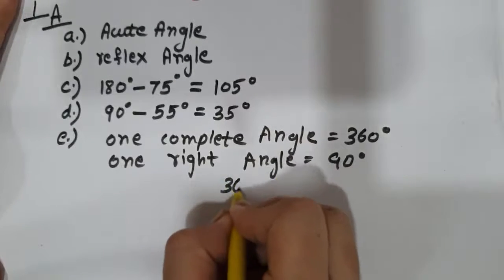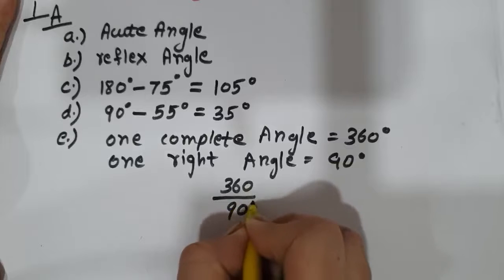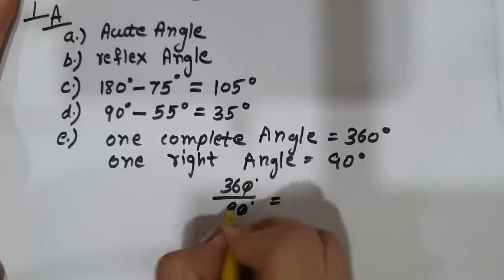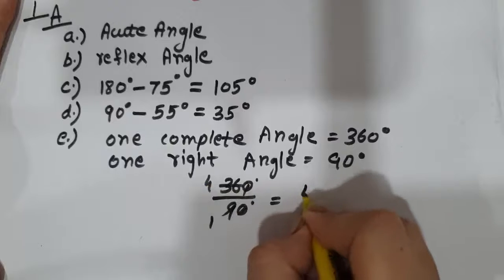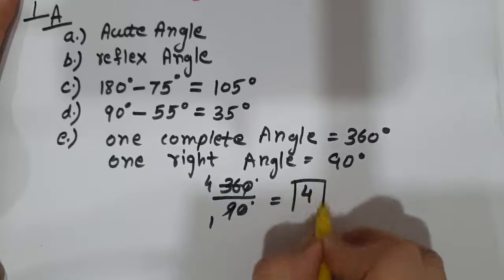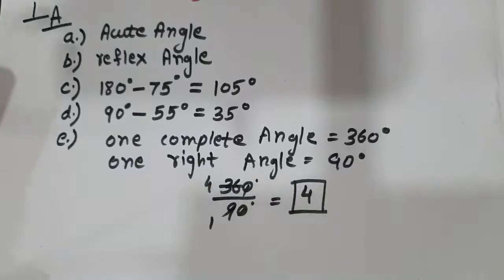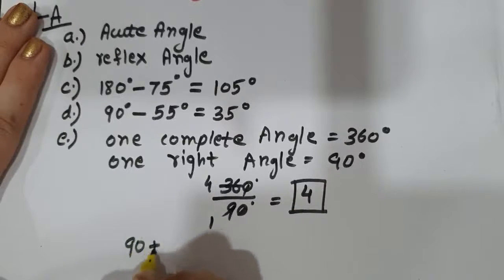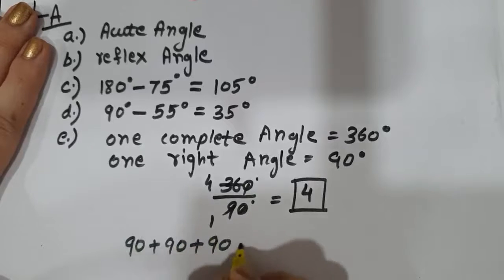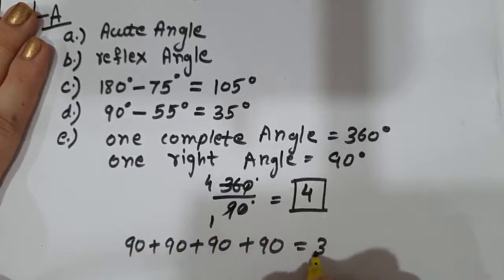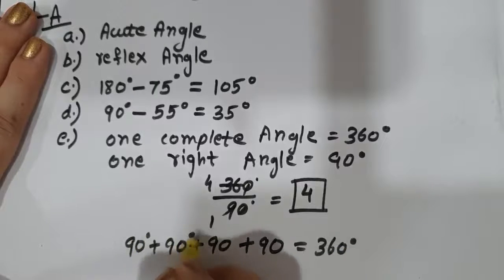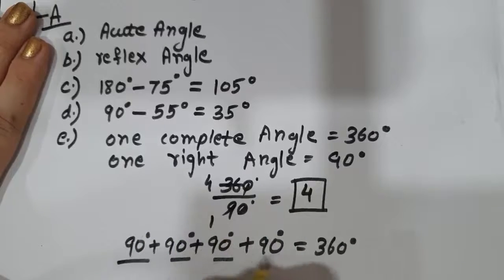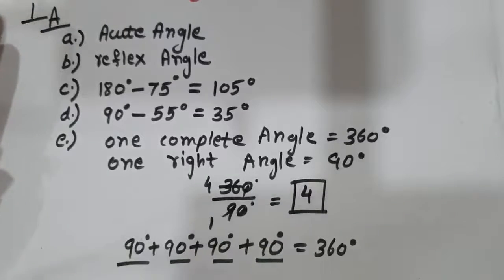I can divide and check. 360 divided by 90. 9 fours are 36. So 4. It means 4 right angles will make up one complete angle. We can say 90 plus 90 plus 90 plus 90 will come out to be 360 degrees. So 4 right angles come out to be one complete angle.